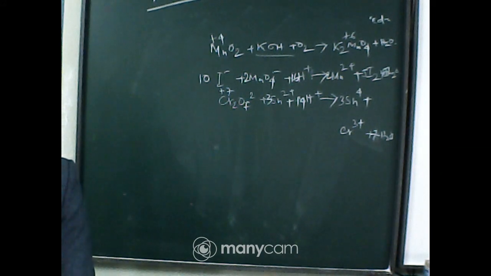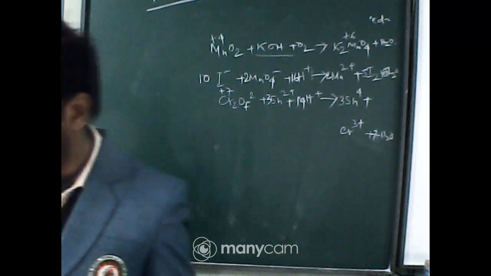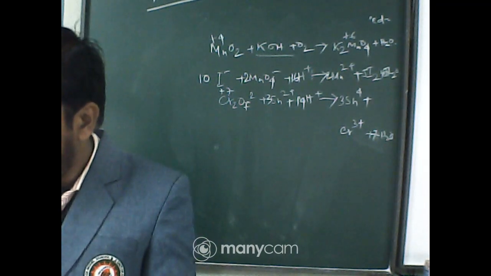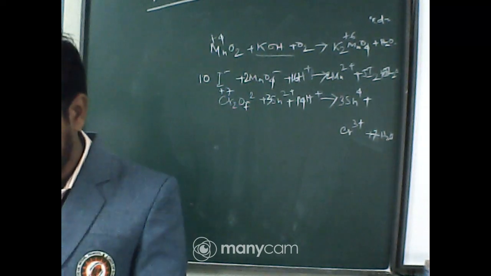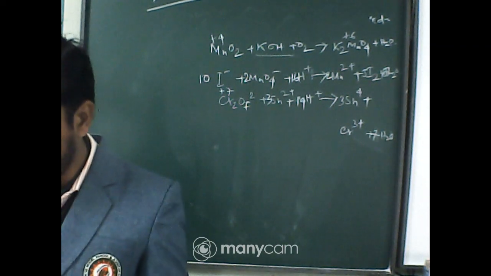Another question. Okay, one explanation type question: above 1000 K sulfur shows paramagnetism.